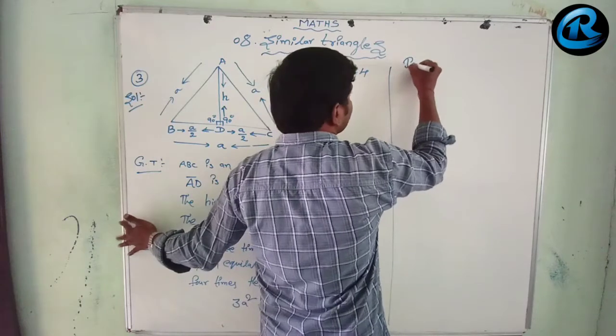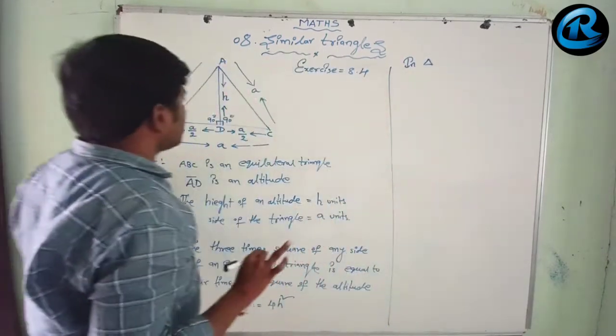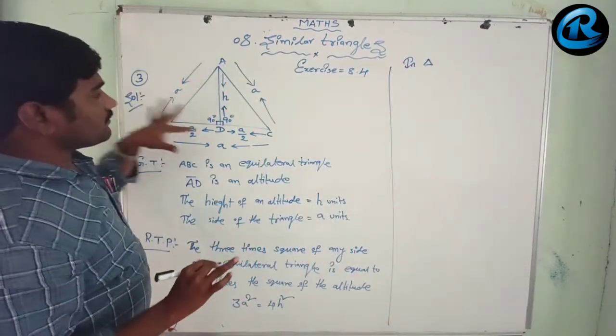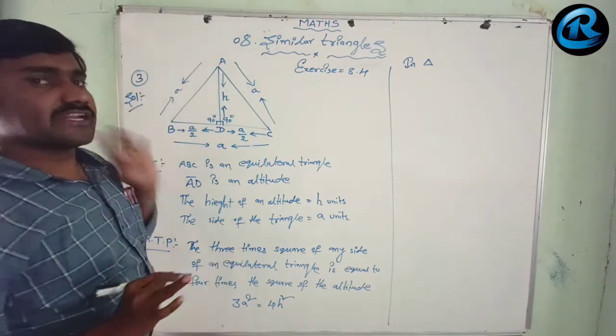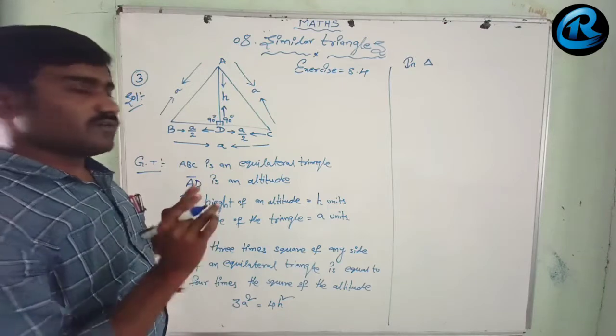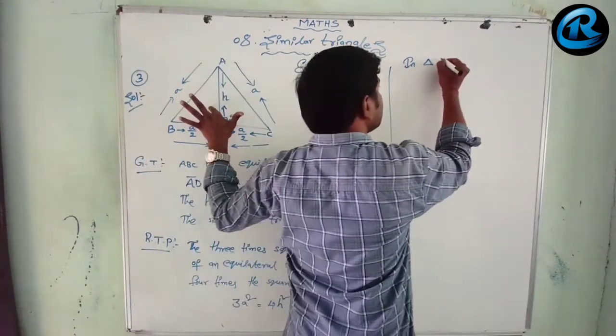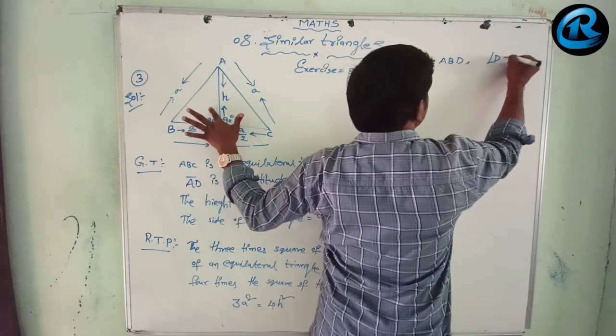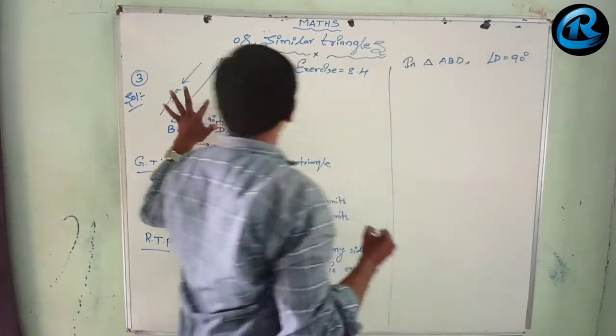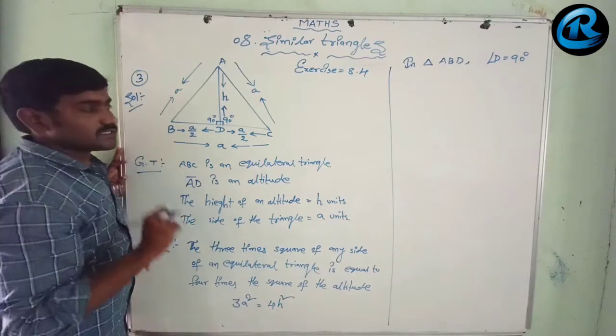In triangle, you take any triangle. Either you take ABD triangle or ACD triangle. You take any triangle, children. Okay. Only one triangle is necessary. I will take in triangle ABD, where angle D equal to 90 degrees. We know that because its altitude makes 90 degrees.